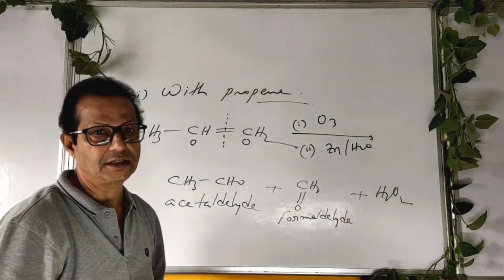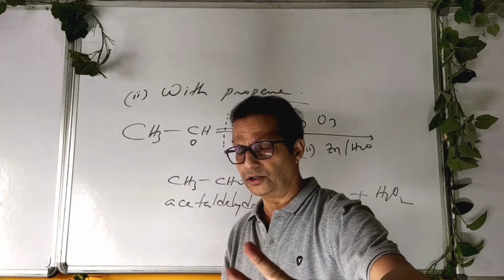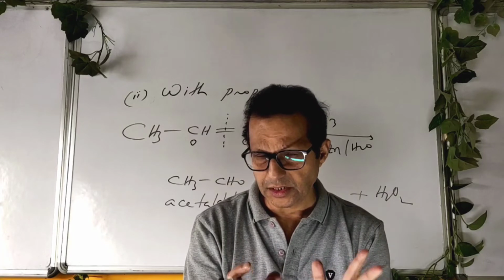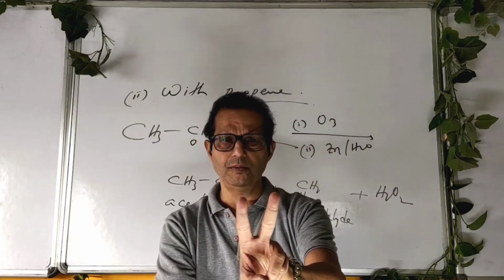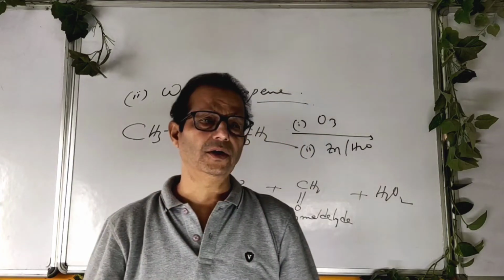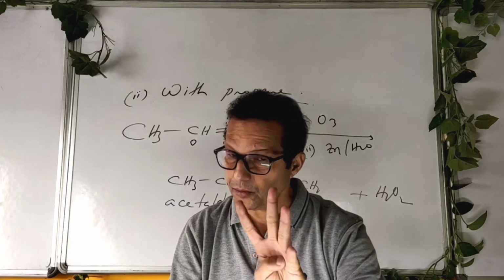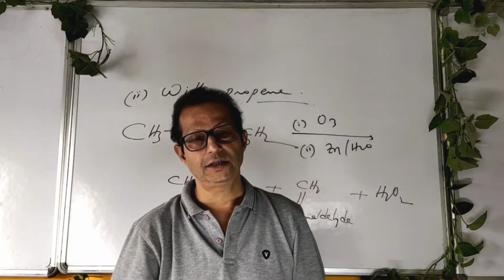Remember it for entrance exam. If any compound contains two double bonds, then due to ozonolysis you get two molecules of hydrogen peroxide. If any compound contains three double bonds, you will get 3 molecules of hydrogen peroxide.